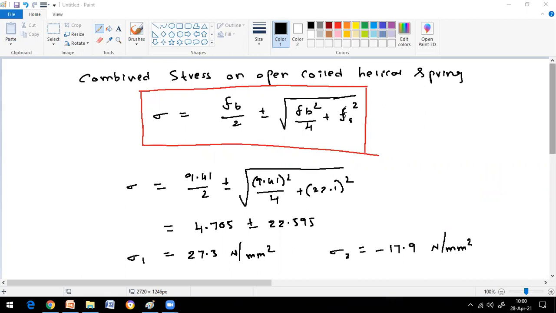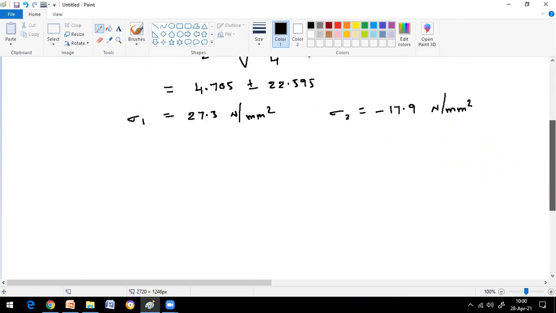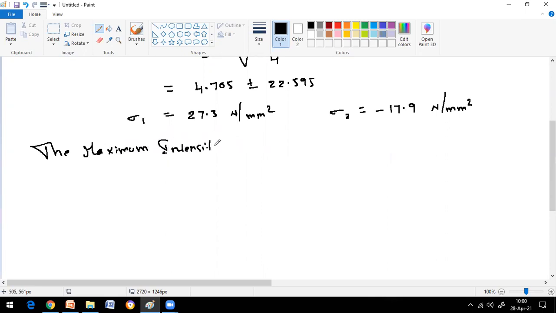Clear? Right? From this, we will see what will be the maximum intensity of the shear stress, only the shear stress without considering any bending. What will be the maximum intensity of the shear stress?